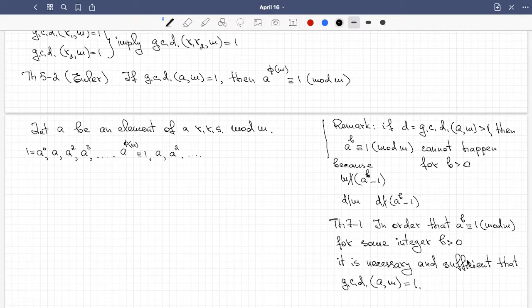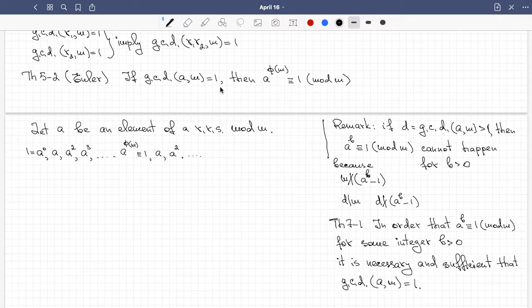And it is sufficient because such B is simply phi of M. A to the phi of M is 1 by Euler's theorem.